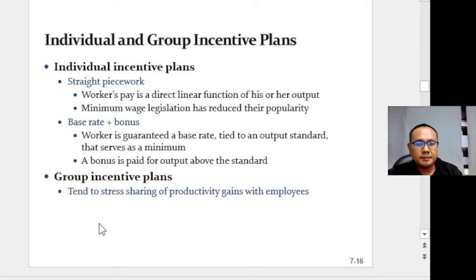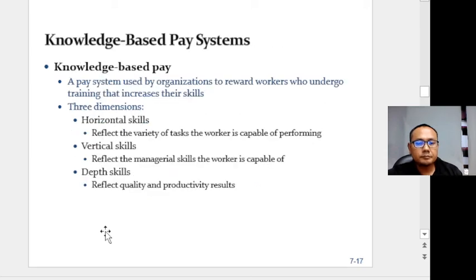Group incentive plans. This one goes especially for workers who need to use their brain so much, and so what we can see from here is the knowledge-based pay system.